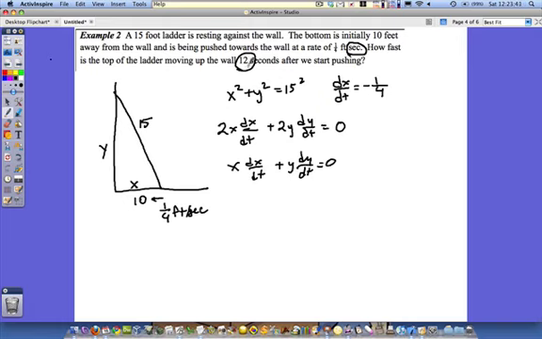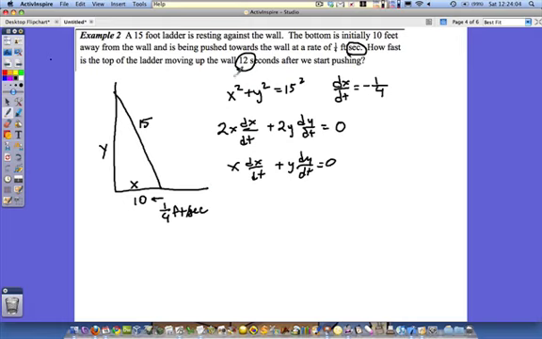Now our snapshot is 12 seconds after we start pushing. We don't have time anywhere listed here, but we do have x and y. So what we've got to do is figure out what we need to plug in for these quantities. We know dx/dt is -1/4, so that's easy.